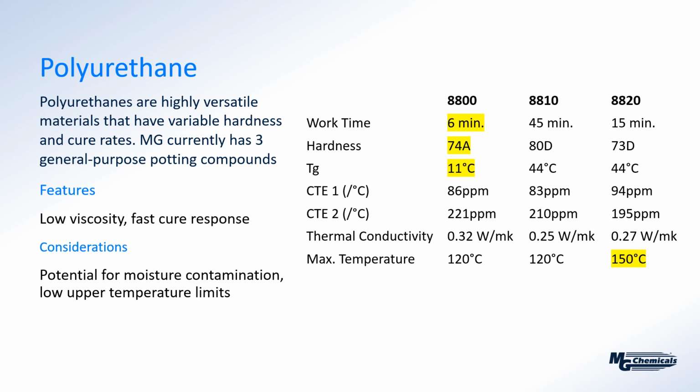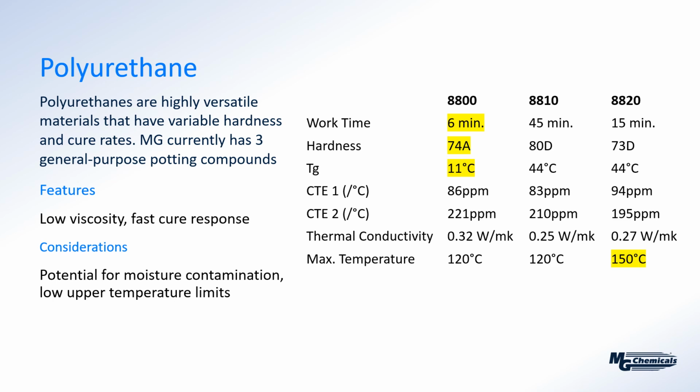The one consideration I want to make everyone aware of, though, is that these materials are much more prone to moisture contamination than are silicones or epoxy. So what happens is if you have moisture ingression into the resin, they react to form CO2 as one of the byproducts, and these will cause very unsightly large bubbles in the cured product and even within the bulk of the material, which could be very problematic if you have an air pocket.